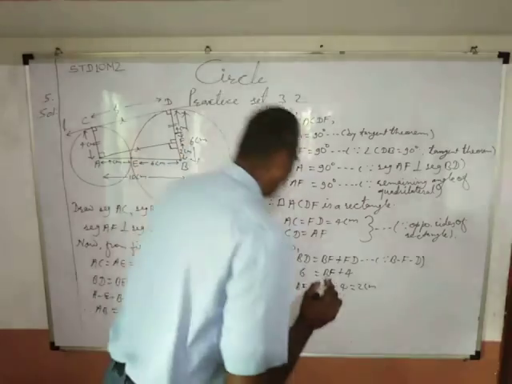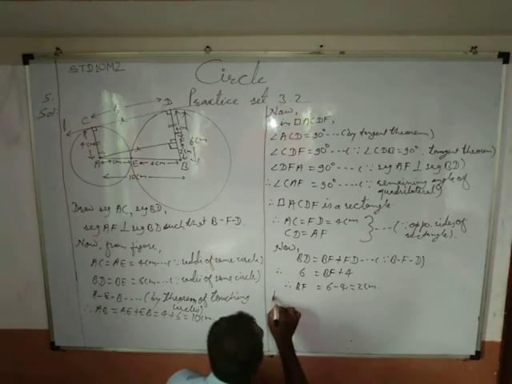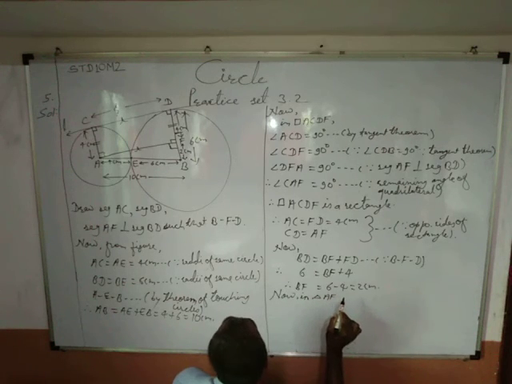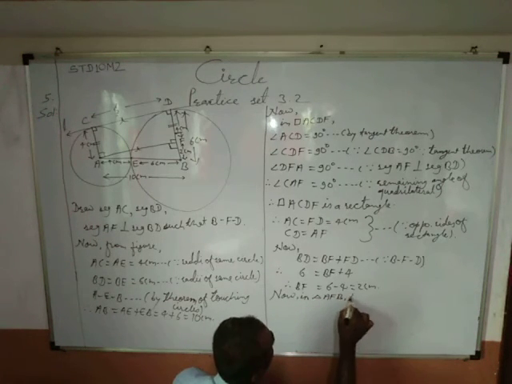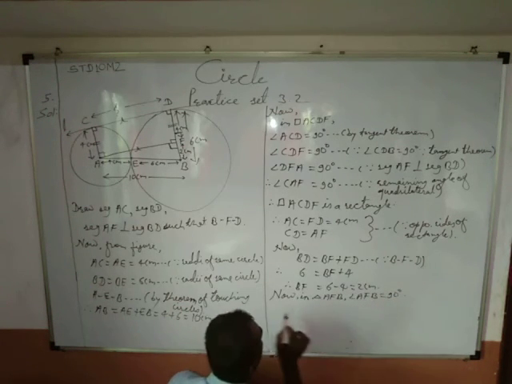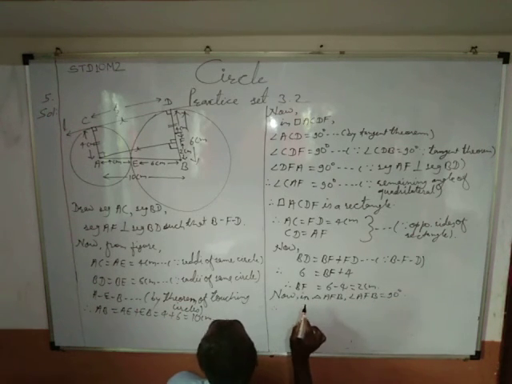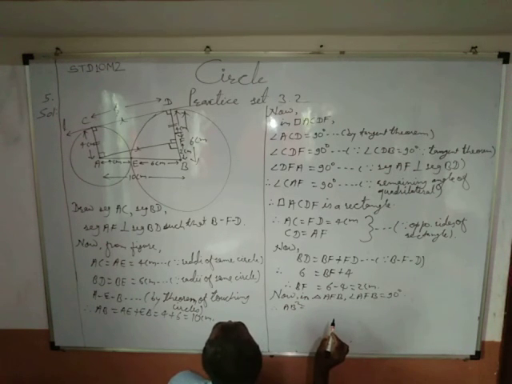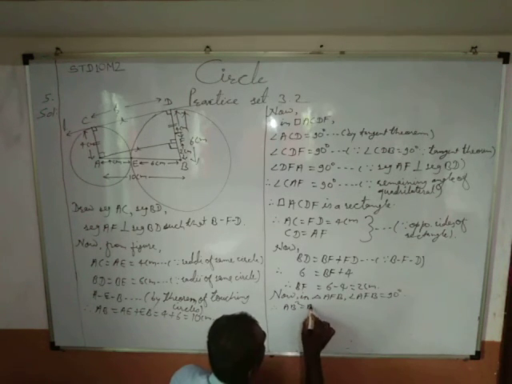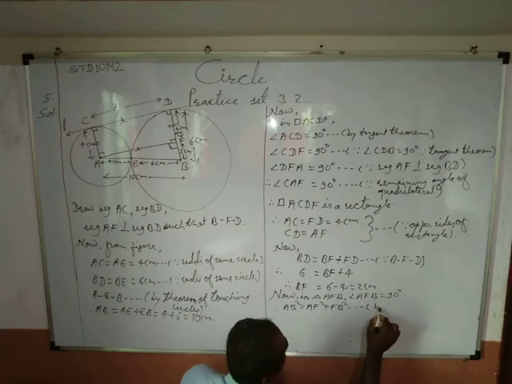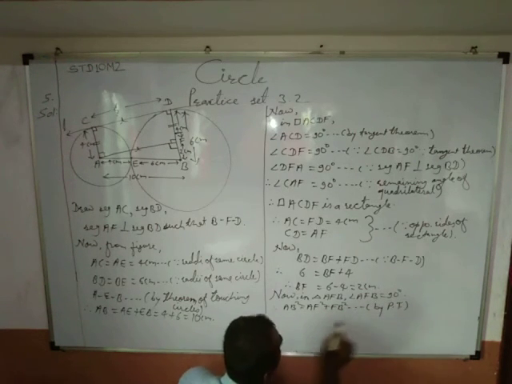Now in triangle AFB, angle AFB equals 90 degrees, and therefore AB square equals AF square plus FB square by the Pythagoras theorem.